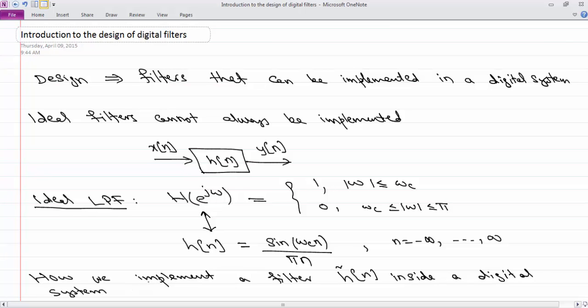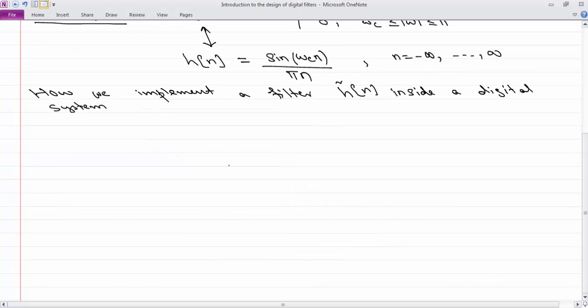So H tilde n, we'll come to that later, what it means. It can be implemented, but one of the key requirements when we are talking about design is that H tilde n has a Fourier transform.